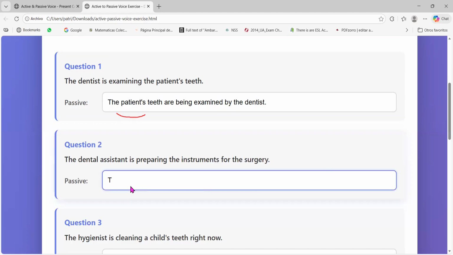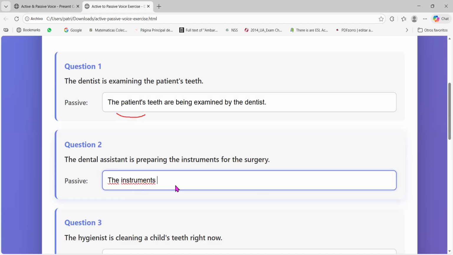My dear Sarah Edith, now we focus on the instruments.